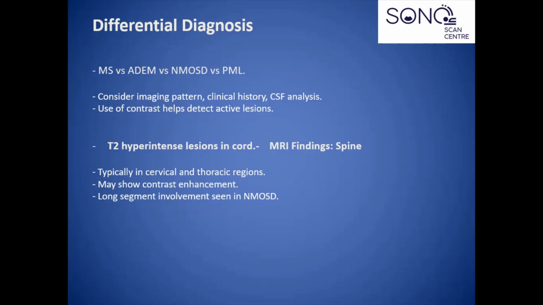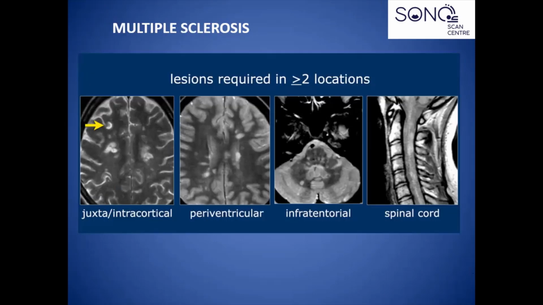Only with the help of MRI or radiology, we cannot diagnose this. We are only going to give the closest differential diagnosis for the clinician. In MRI spine, multiple hyperintense lesions, the white lesions, will be seen. They are mostly seen in the cervical and thoracic cord, and may or may not show contrast enhancement.